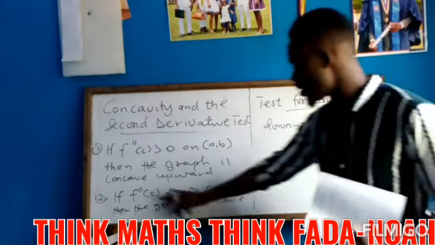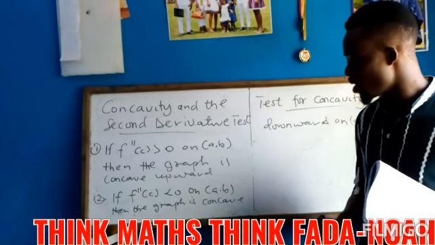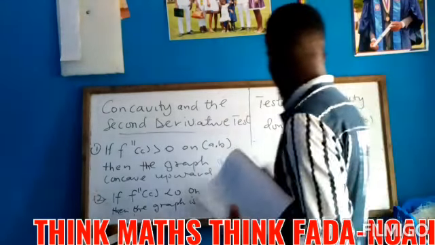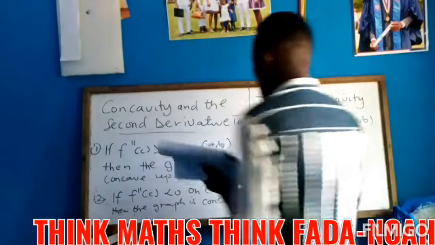And if f prime prime of c is less than 0, it means that the graph will have a downward concavity. Alright, so let me illustrate this.